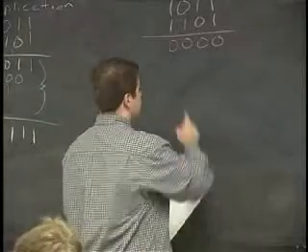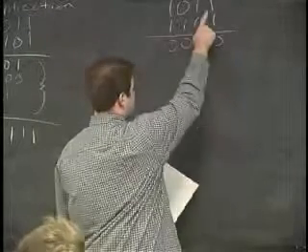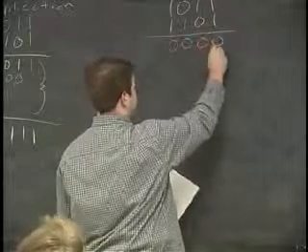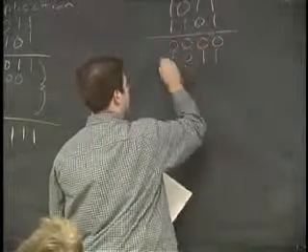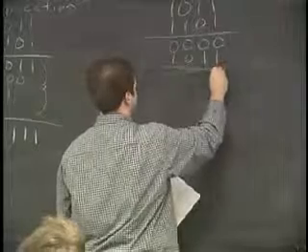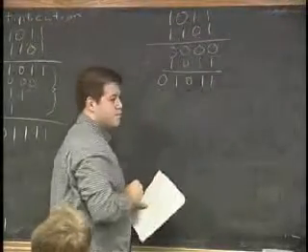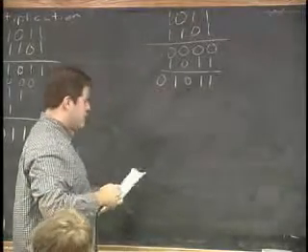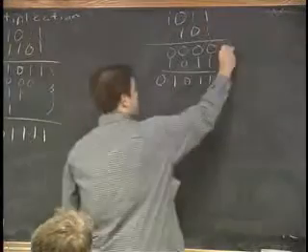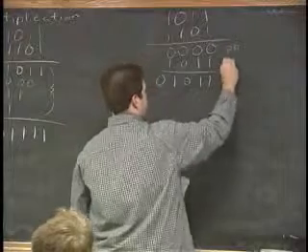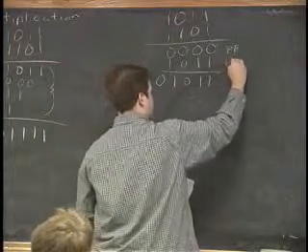Okay? So what we're going to then do is bring this, so we do the first multiplication, 1, 1, 0, 1, and add. So it's 1, 1, 0, 1, and we'll tack another 0 on just for fun.